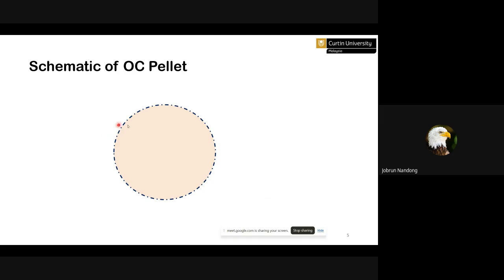So imagine that the pellet is actually spherical in shape. So this is the pellet. Inside the pellet, this is normally a porous pellet, so that it allows gas to diffuse into the pellet. So the reaction actually occurs inside the pellet, not outside. So you can view also inside the pellet, we have tiny grains, you call it.